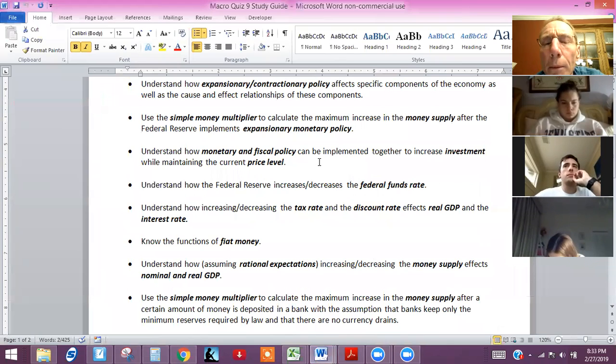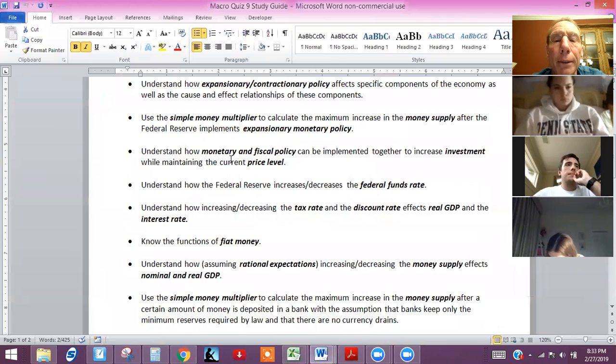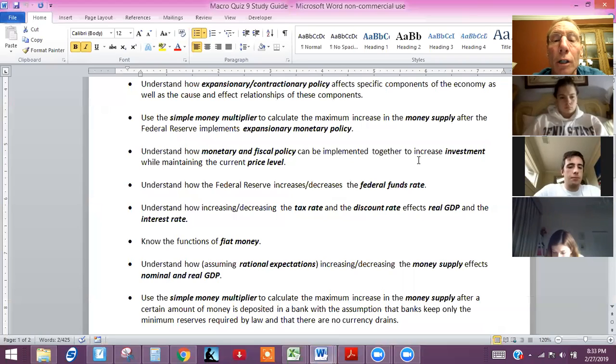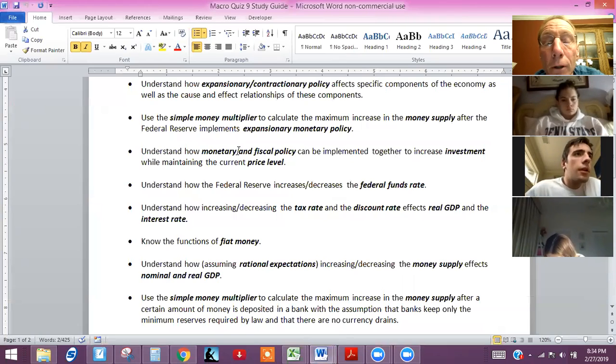I don't remember the question. It doesn't really matter, just understand that in order to get this to happen, you're going to have to use some kind of fiscal policy, which is contractionary, to bring price level down. Because expansionary monetary policy does shift the aggregate demand curve to the right, okay?